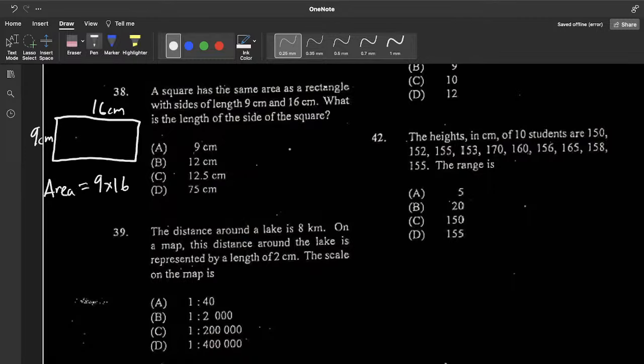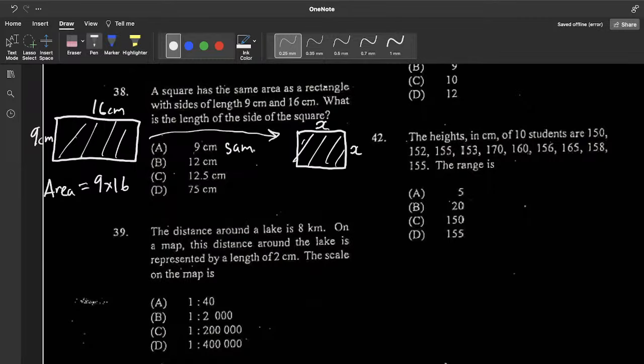And we're also saying that we have a square. Areas of these two shapes are the same. So 9 times 16. This is literally similar to the question we just did above. What is 9 times 16?